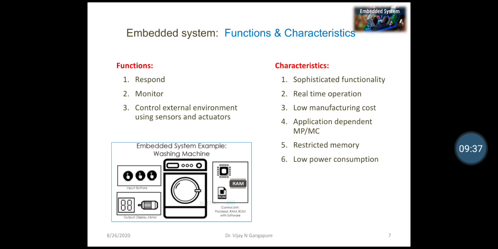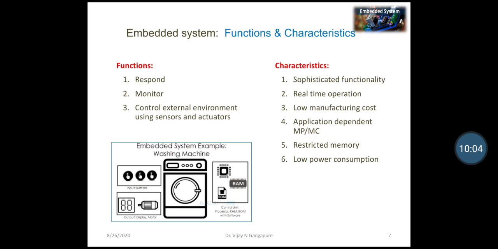This response is to control external environments using some actuators and sensors. So any embedded system monitors, then it responds and it controls. These are the functions of any embedded system.